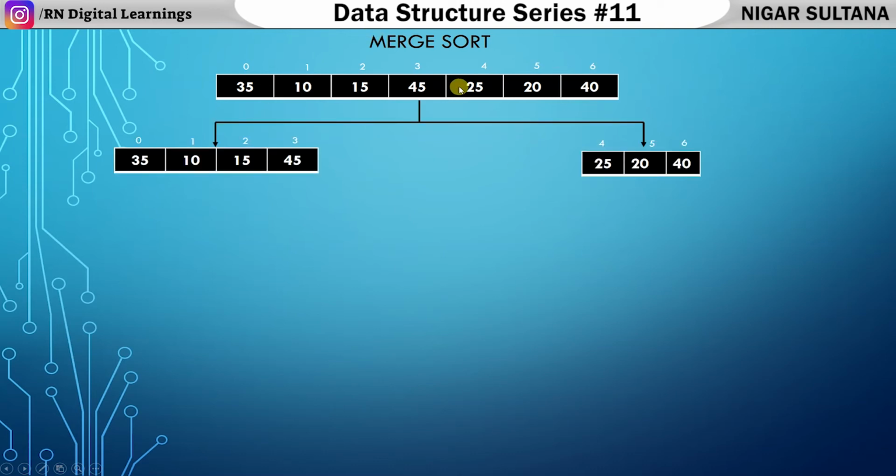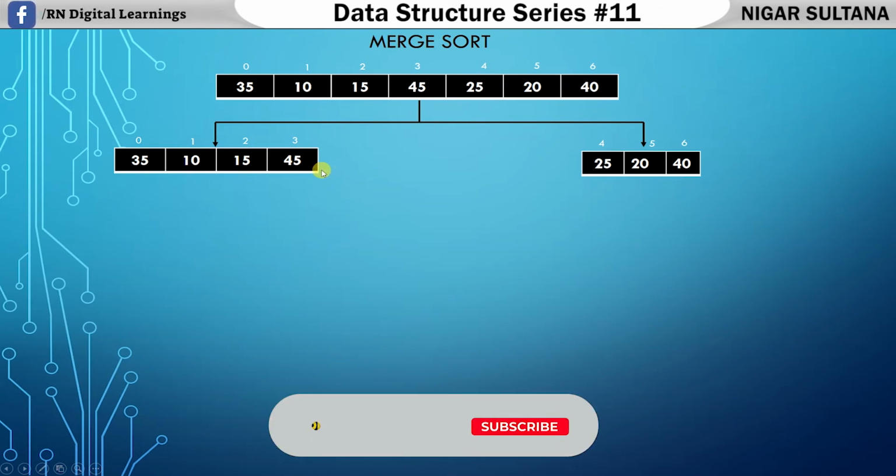Now this is my left part and this is my right part. The large array has been divided into two parts. 35, 10, 15, 45 come to my left part and 25, 20, 40 come to my right part.